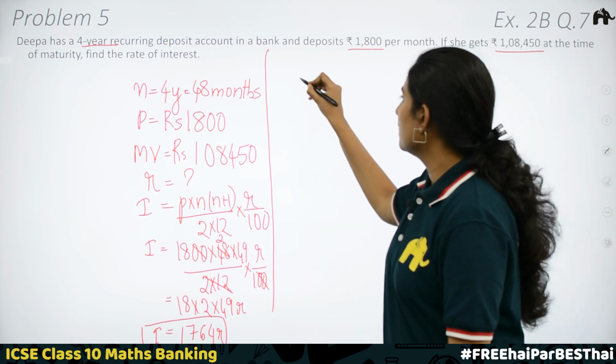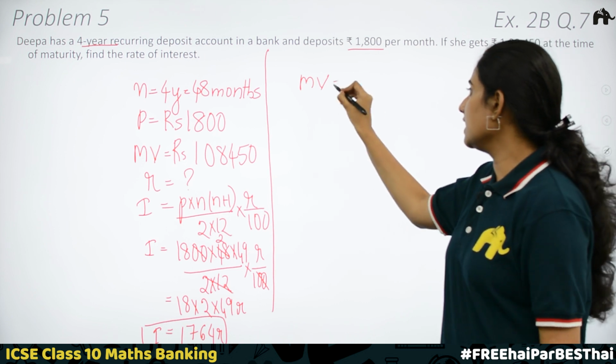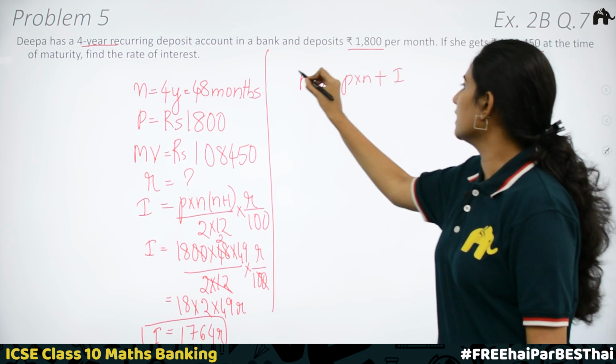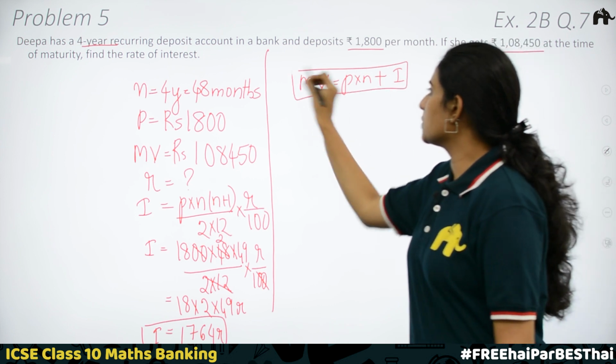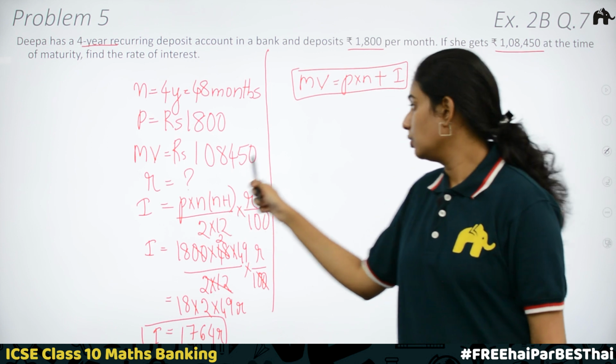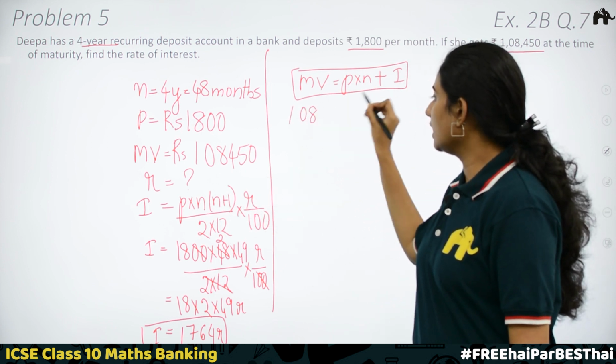Now, next we will be using maturity value. MV is equal to P into N plus I. Here, substituting values, maturity value is already given in the question. That is 1,08,450.